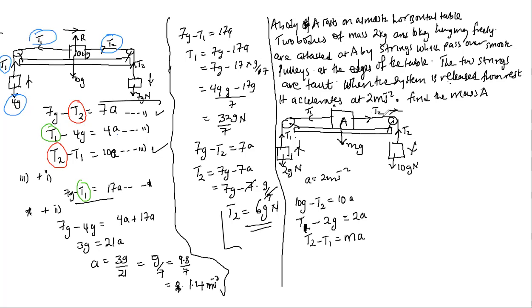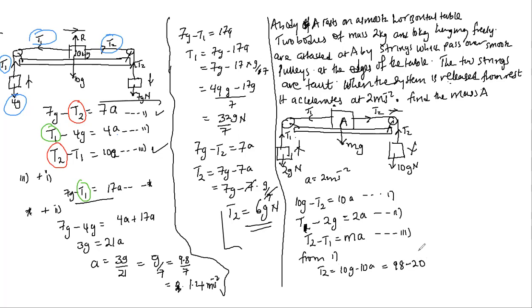We consider horizontal motion, and the resultant force is mass times acceleration. So from Roman 1 and 2, we can find their tensions. From 1, T2 is equal to 10G minus 10A, and this is going to be 98 minus 20. Why do I say 98 minus 20?